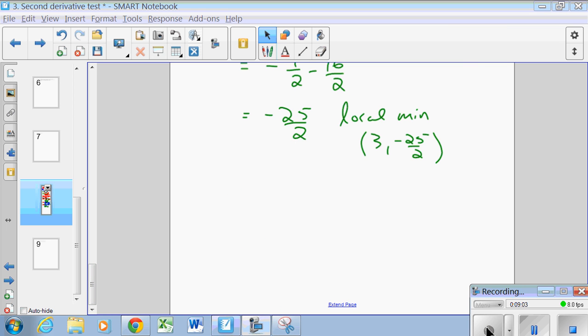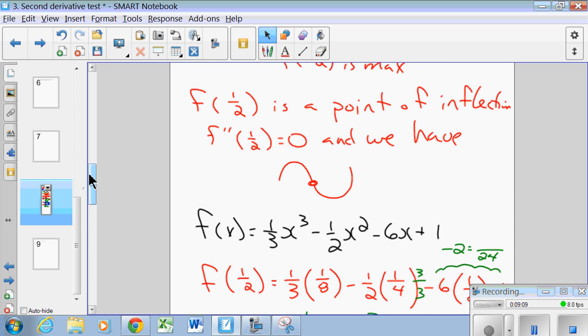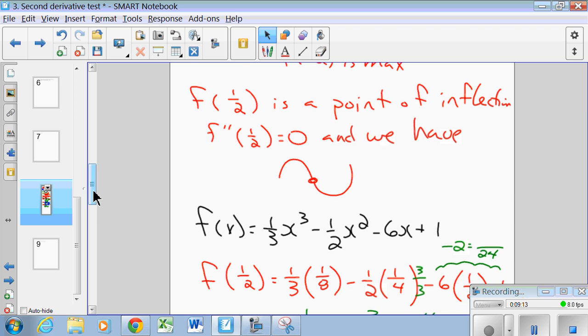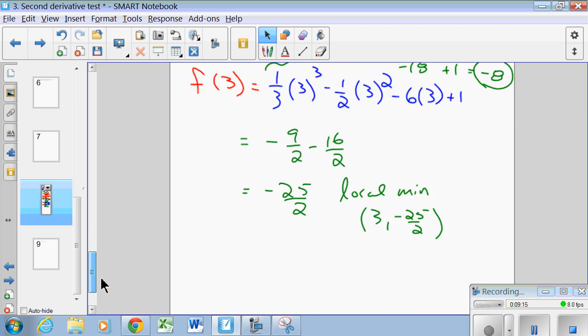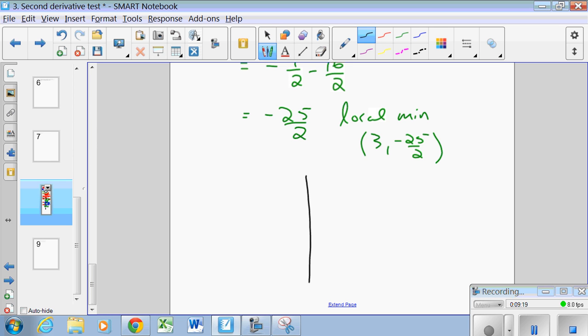Okay, so we went through all that hard work to figure out our points. Really, when it comes time to sketching things, what's most important is you have the maximums, you have the minimums, and if you look where your maximums and minimums are, you can draw a sketch that's at least close using those numbers. 3 is the minimum.